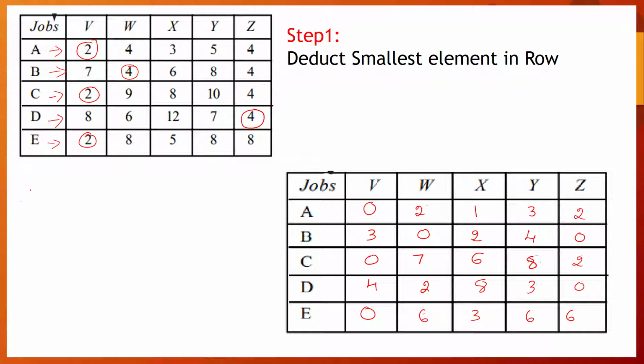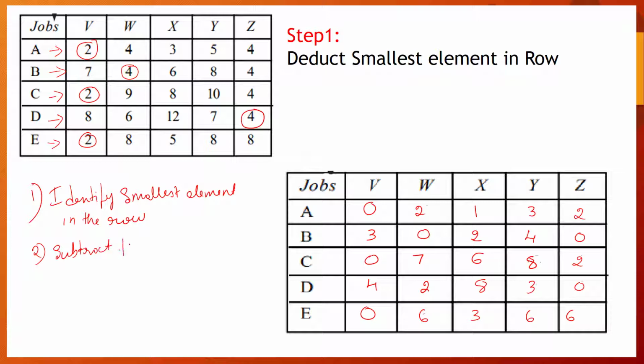So let me write the steps here. 1, identify the smallest element in the row and subtract that from other elements in the same row.